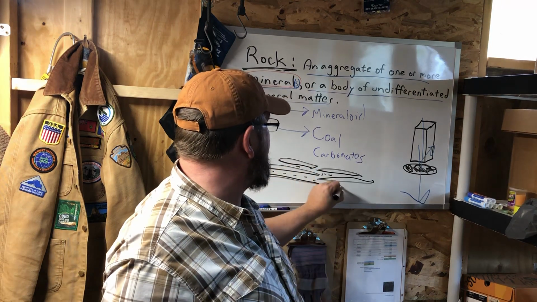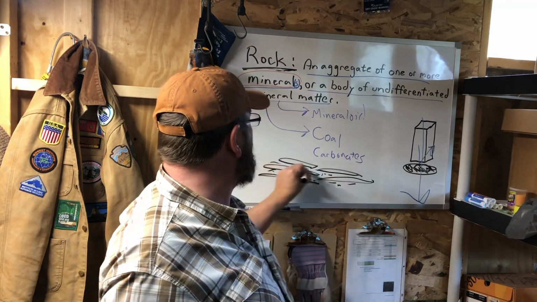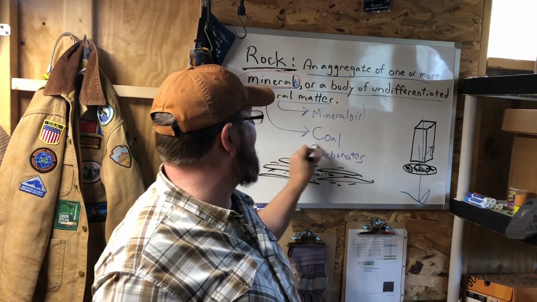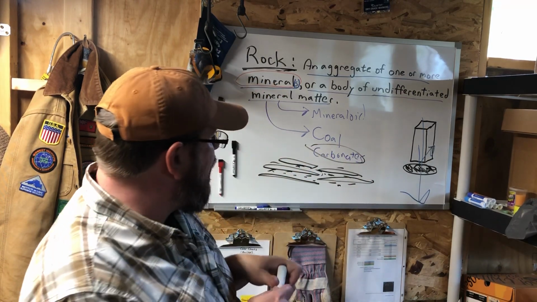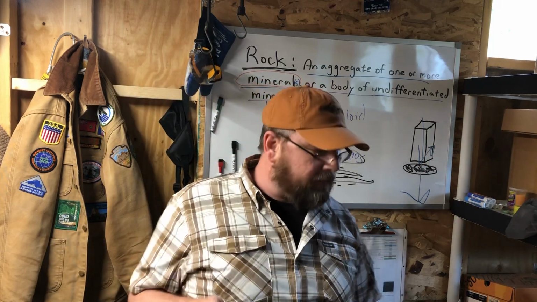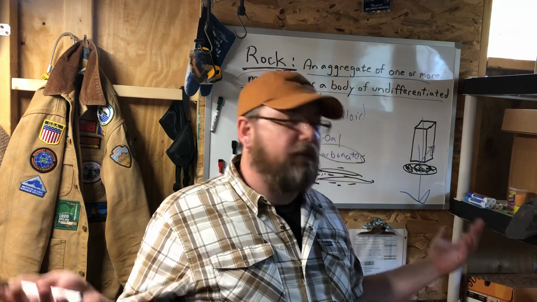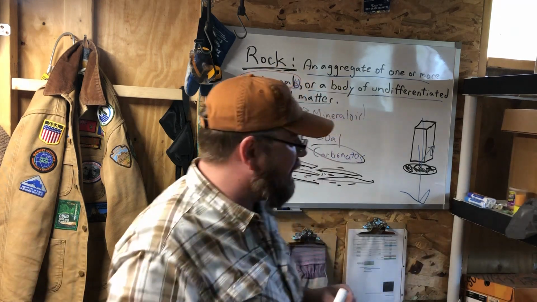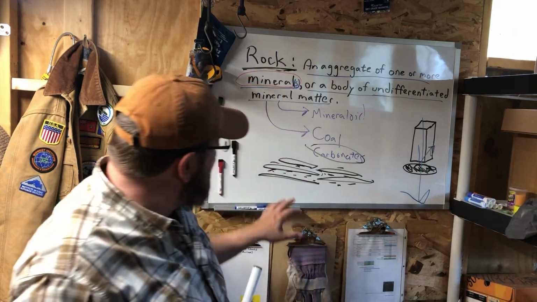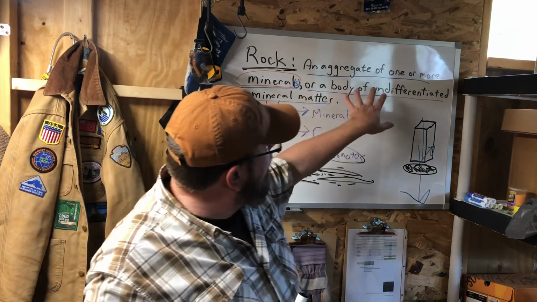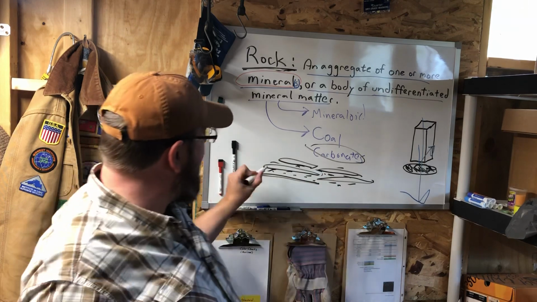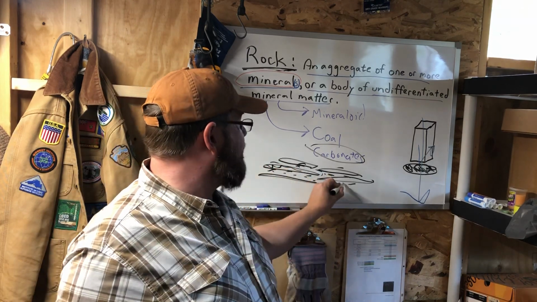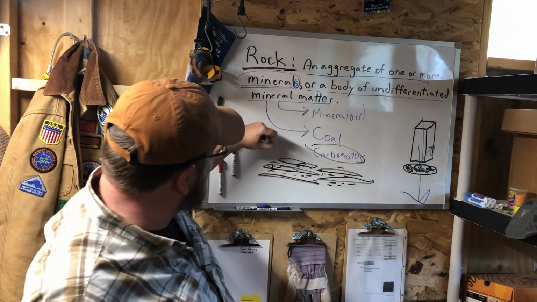There might be very fine sand or some silt, some clay, maybe even some carbonates stuck in there. And coals are part of what we call cyclothems. Cyclothems have kind of lost their favorability in stratigraphic classification. That's a talk for another time. So, a body of undifferentiated mineral matter: you have coal and organic things, but you have a lot of other little stuff in between, and sometimes it's also sulfur.